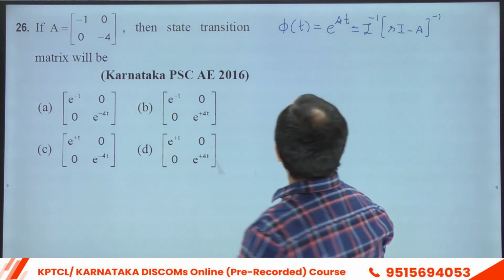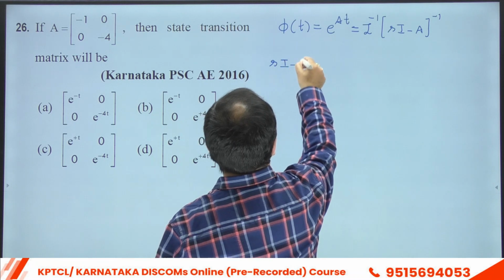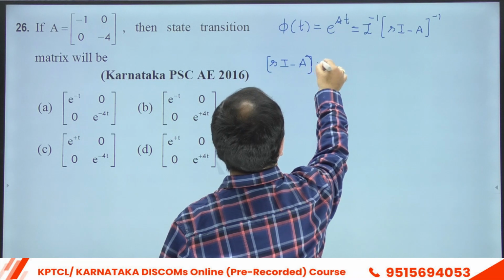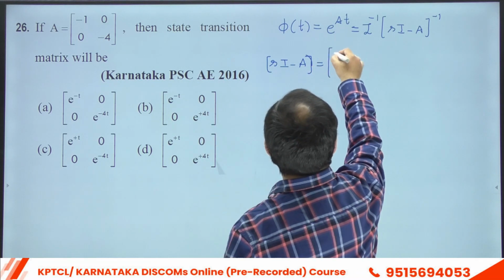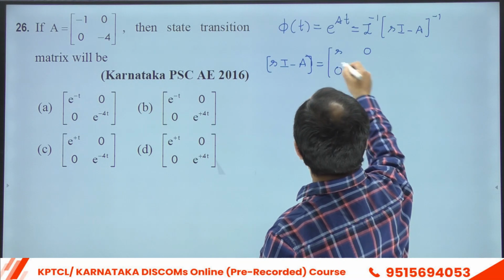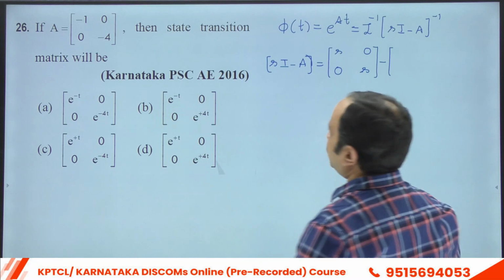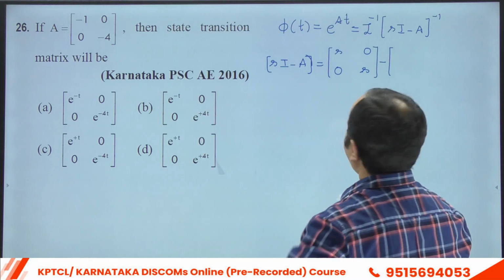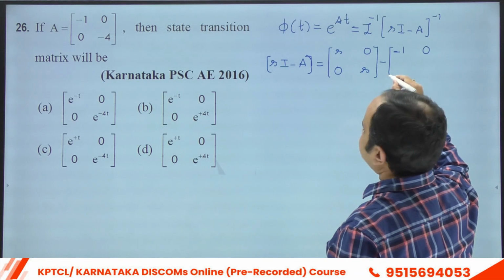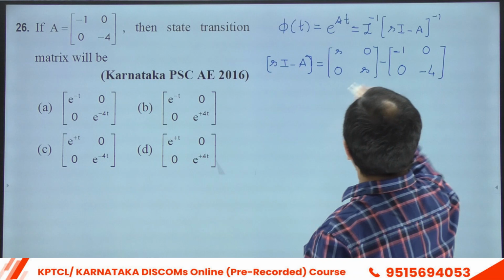Okay. So let us first find the sI minus A matrix. sI minus A is equal to [s 0; 0 s] minus the A matrix given in the question, [-1 0; 0 -4].